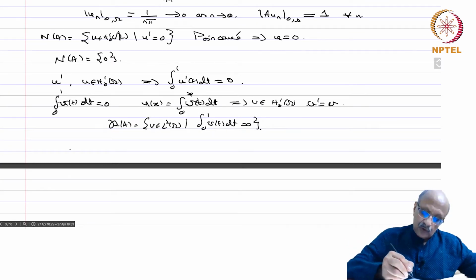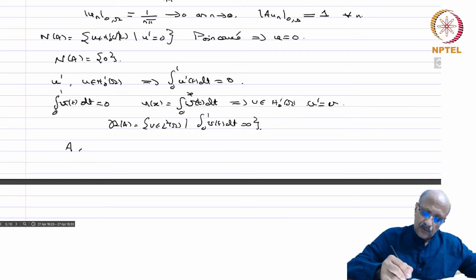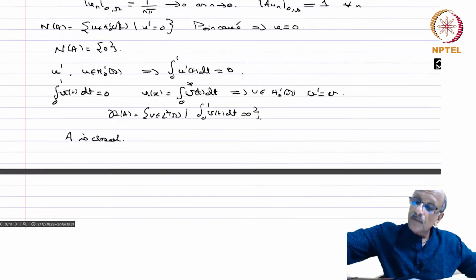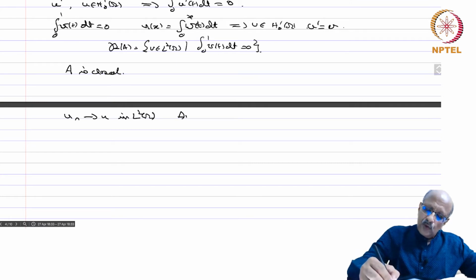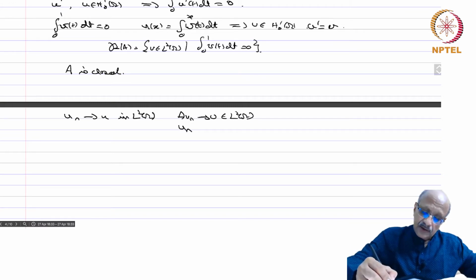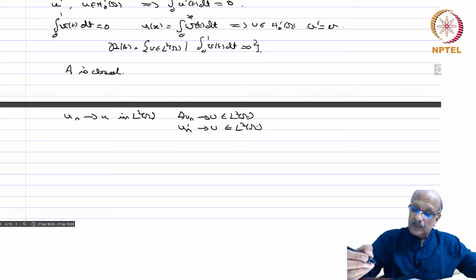Finally, we want to show that A is closed. So let un go to u in L2 of omega and Aun go to v in L2 of omega. That means un' goes to v in L2 of omega. But this is one of the very first things we did when we proved that Sobolev spaces are complete.